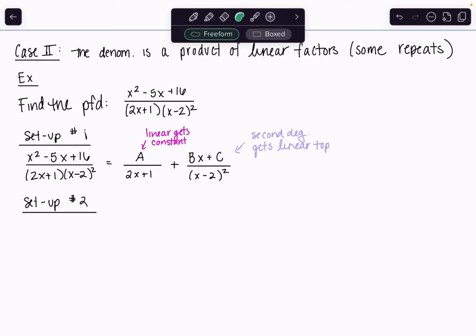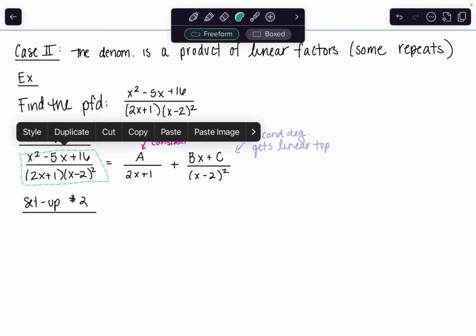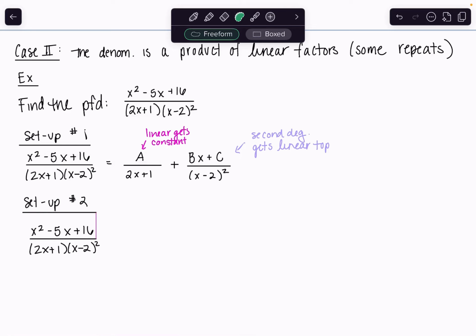So I still have my same piece here. But instead of thinking this as two factors, you have one and two more. So you really have three. So we're going to have three fractions.